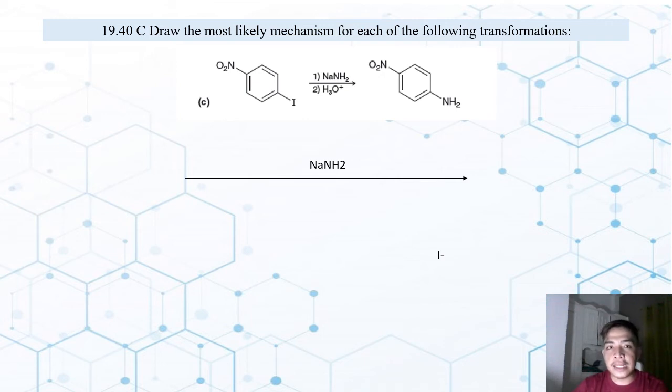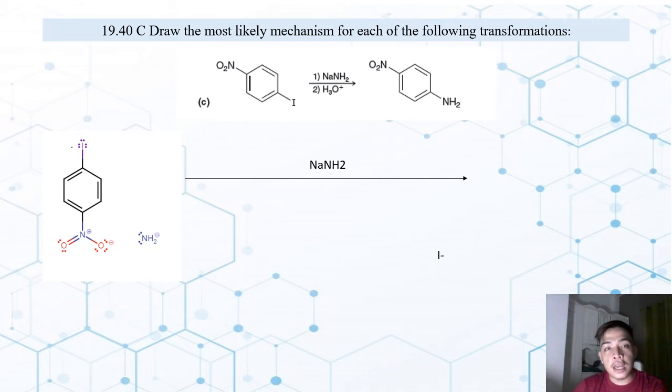Note that the reagent sodium amide is a powerful nucleophile, and the criteria for SNAr, or nucleophilic aromatic substitution, are met, which are a nitro group and a leaving group that are both para to each other. As you can see, 1-iodo-4-nitrobenzene has a nitro group and a leaving group that are para to each other.